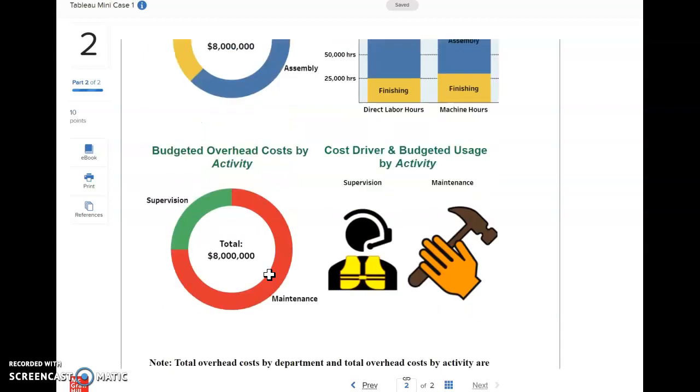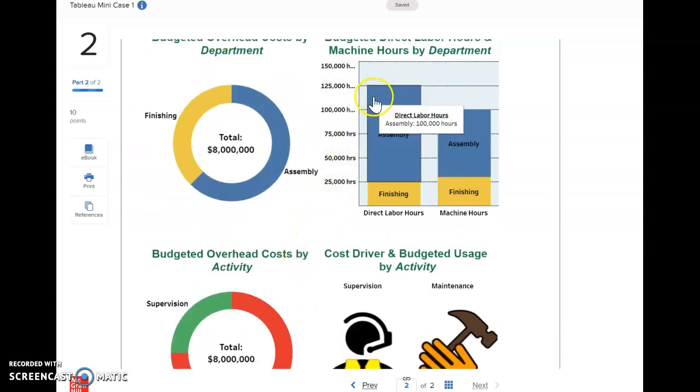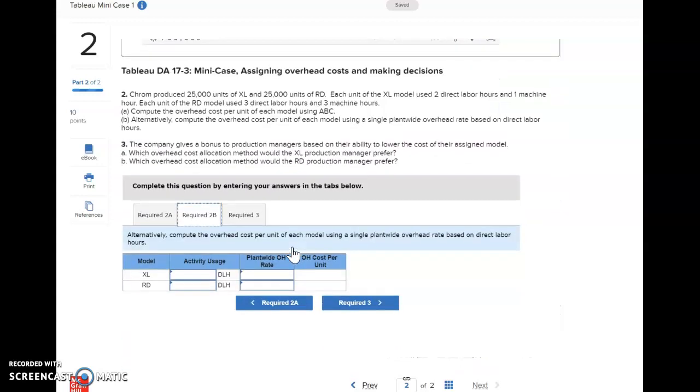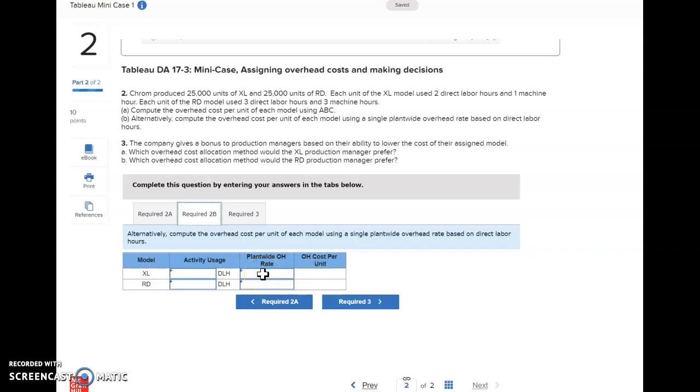Okay, so we'll have to come up here and we can see our total direct labor hours are 125,000. We can see our total overhead is 8 million. So we'll divide that to get our plant-wide rate. Okay, and then multiply that by the direct labor hours per unit for XL and the direct labor hours for RD, right, times the same plant-wide rate.